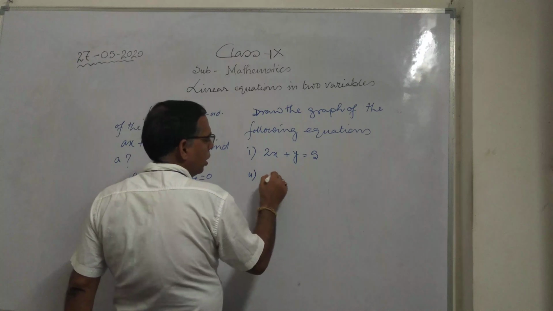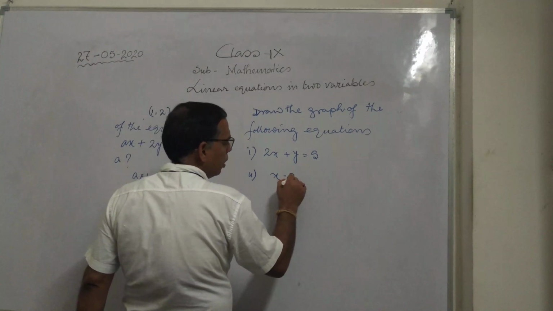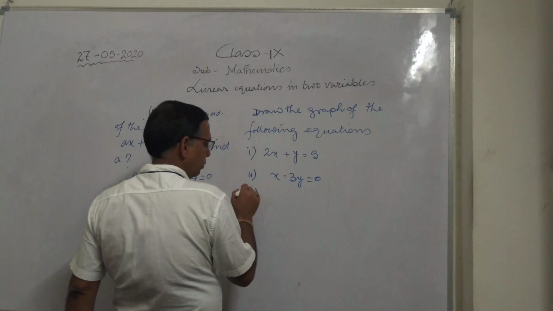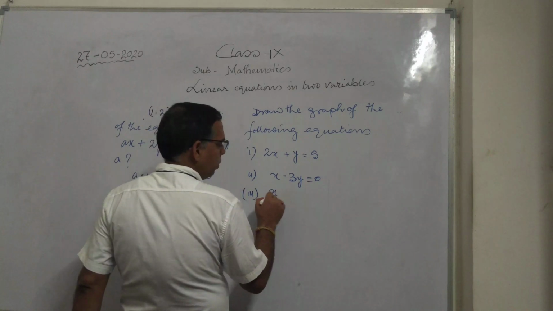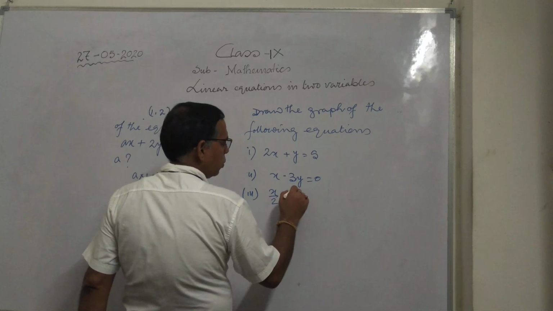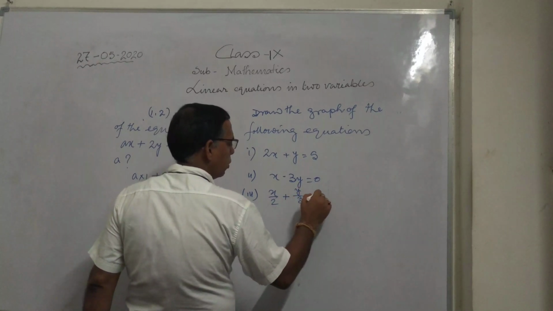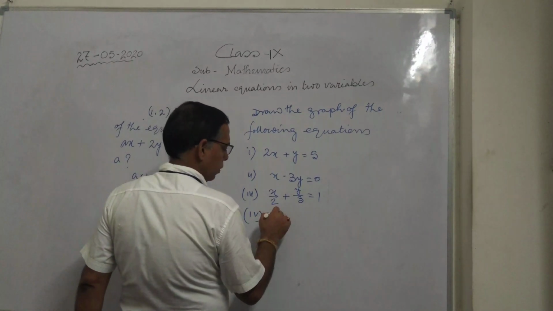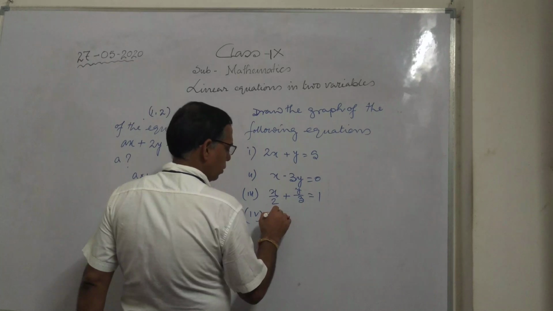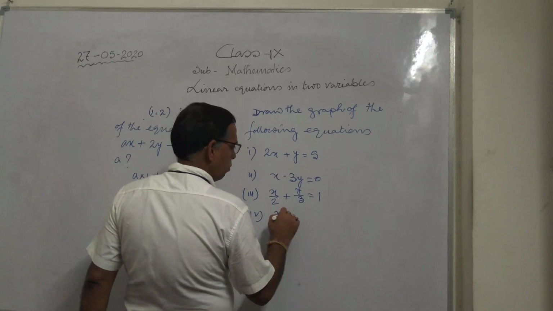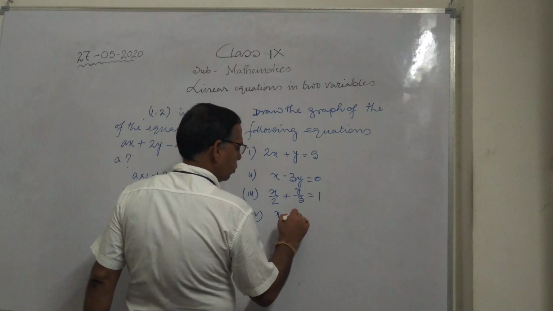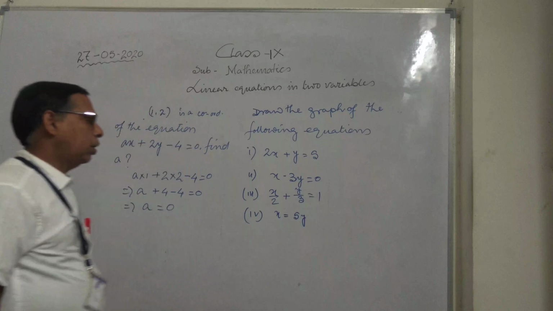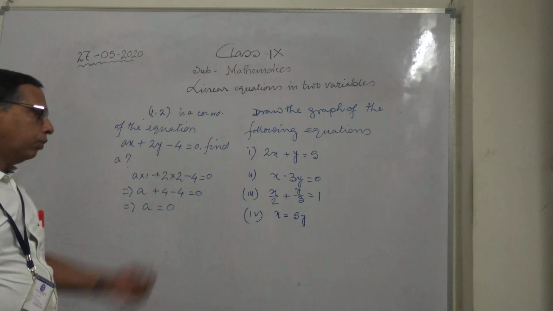Number 2, x minus thrice y equal to 0. Number 3, x by 2 plus y by 3 equal to 1. And number 4, suppose x equal to 5y. Okay, so draw the graph of the equations.